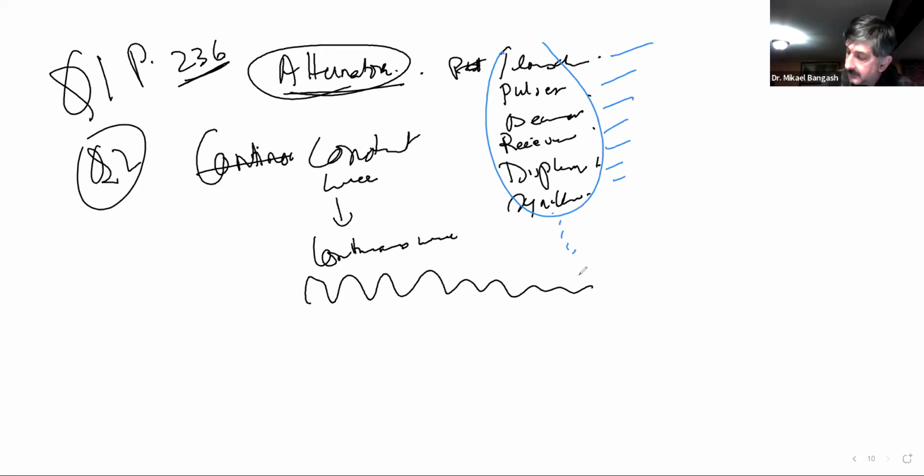Question number 3. Pretty much the same options, but the ask here is: this type of pulsar generates a single electrical spike, which ultimately creates a single sound pulse.